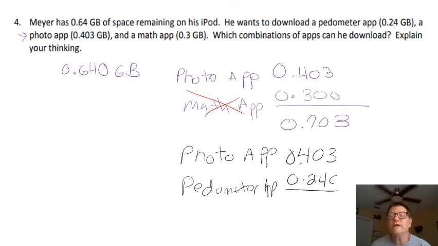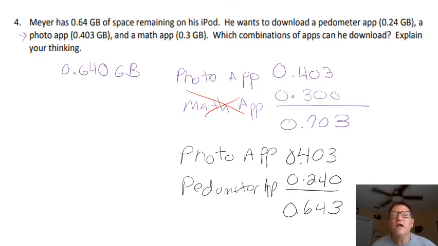And when we change that to thousandths, that'd be 240 thousandths gigabytes. We add this up, we have 643. Oh, we only have 640. So we either can buy the photo app by itself. Now, can I buy the other two together?